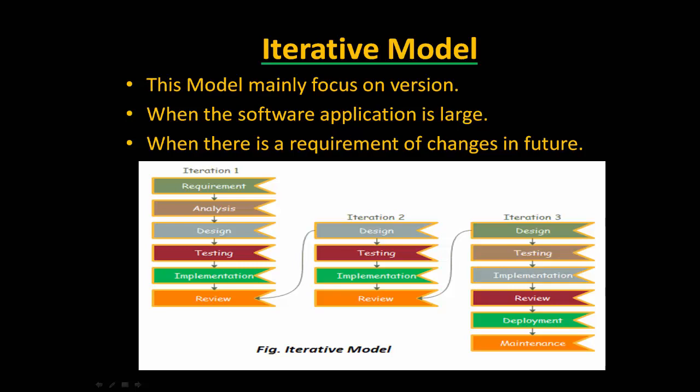In iteration 2, they do not go for requirement analysis again. Whatever modifications are required by the client, they go directly to the design phase, keep implementing, go for a testing phase, add new versions, and again review.